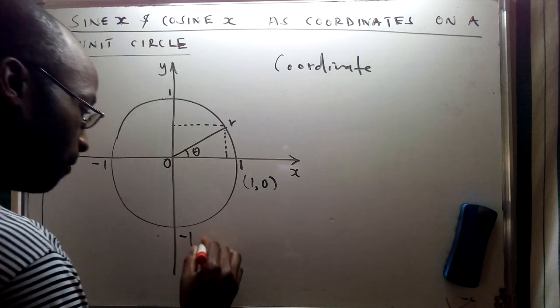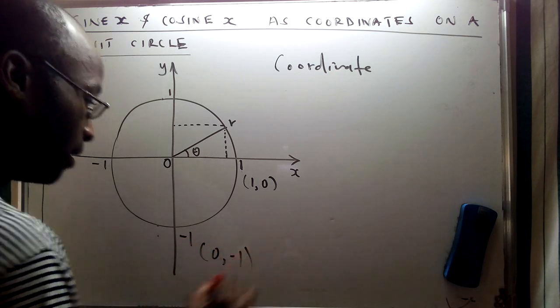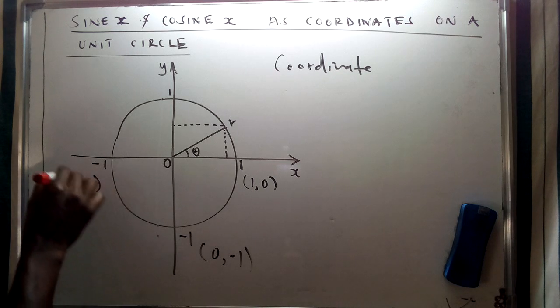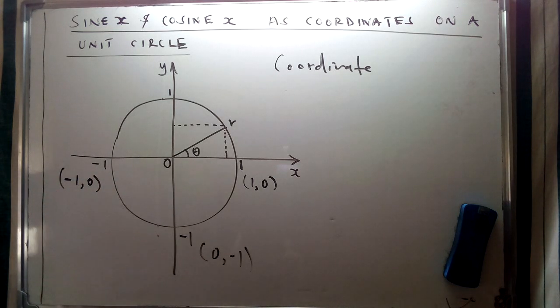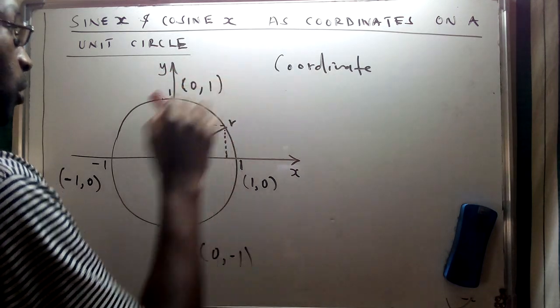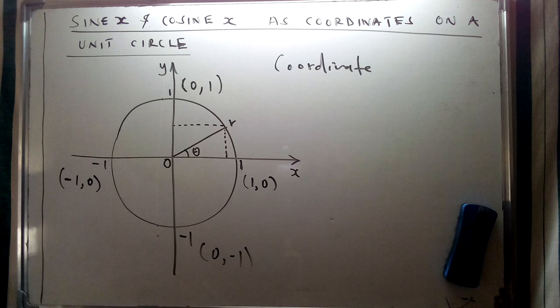The other respective coordinates follow in that order: this one is -1, 0, and then this one is 0 along the x-axis and +1 along the y-axis.